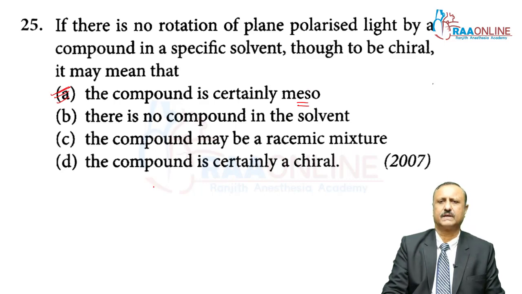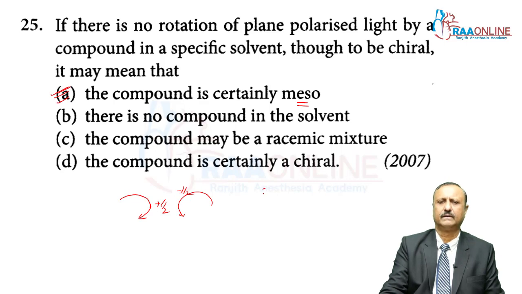In a meso compound, no rotation of plane polarized light is observed, because one part rotates light clockwise, plus half, and the second part rotates it to the left, minus half. So plus half and minus half cancel each other.